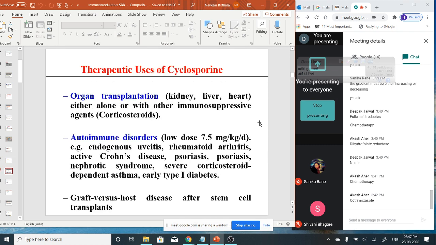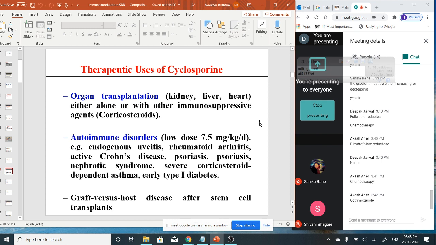Uses are organ transplantation like kidney, liver, heart, either alone or with other immunosuppressant agents like corticosteroids. Then in autoimmune disorders, a low dose is given, that is 7 mg per kg per day, for endogenous uveitis, rheumatoid arthritis, active Crohn's disease, psoriasis, then nephrotic syndrome, severe corticosteroid dependent asthma, and early type 1 diabetes.